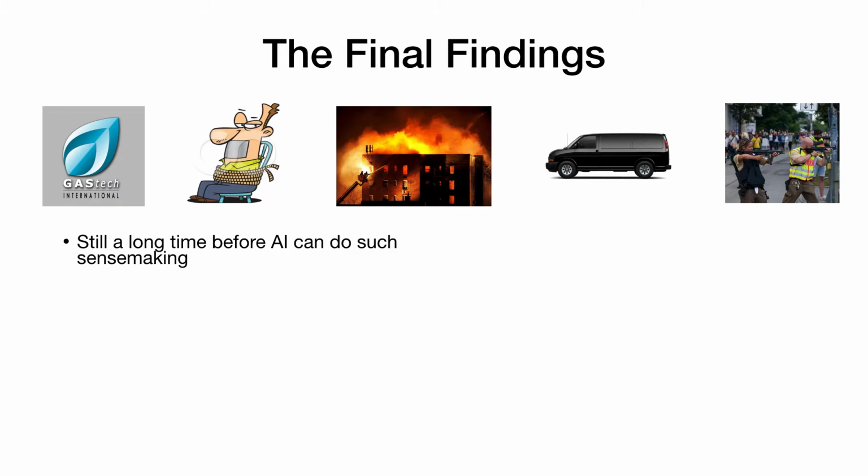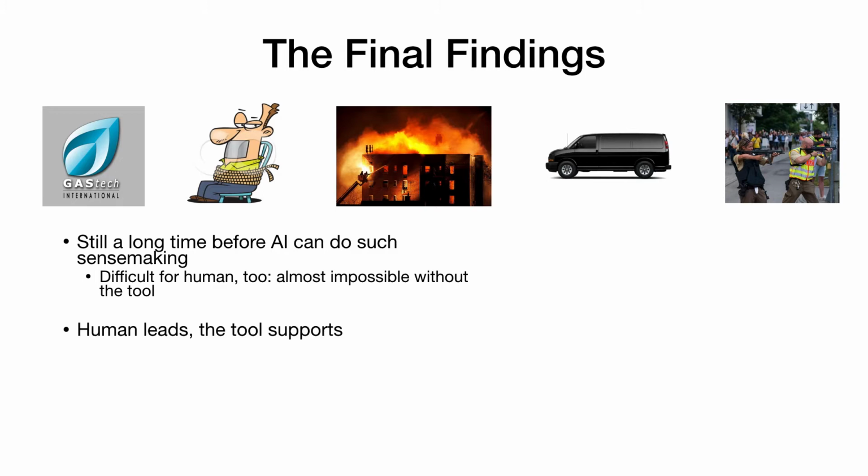There's still a long time before artificial intelligence can do such inference fully automatically, if ever. And also, this is very difficult for humans too. Without visual analytics tools, it will take much longer to find out the answer, if possible.